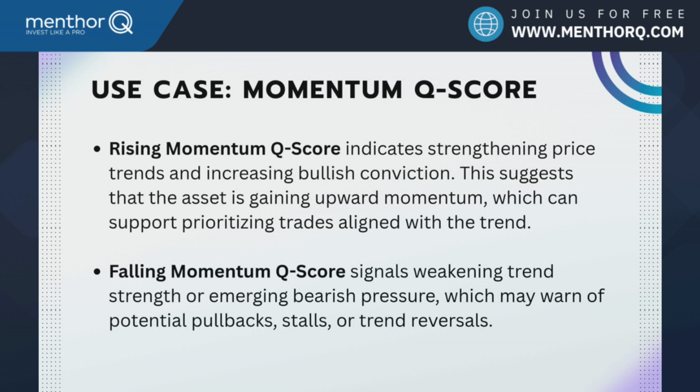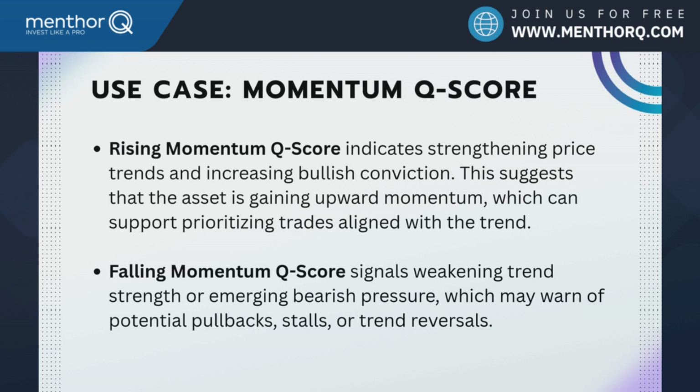On the other side, if we see a falling momentum score, this could signal a weakening trend, and bearish pressure is emerging. We could see potential pullbacks, and this could confirm a potential reversal trade and align with your strategy, of course.